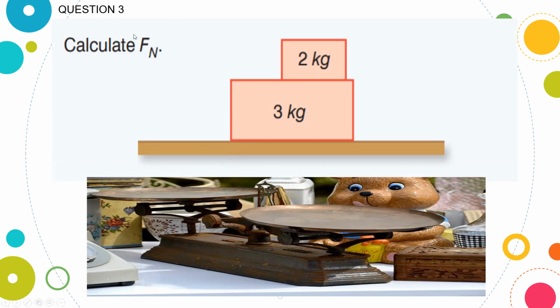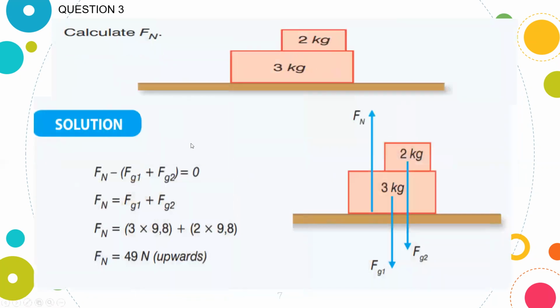But they should ask which normal force, just here for 2 kgs or total. Okay, normal force for total now we are calculating. Please try. It is our question 3. I'm going to wait 5 seconds to give you time to stop video. Yes, that's it. So let's continue with solution.